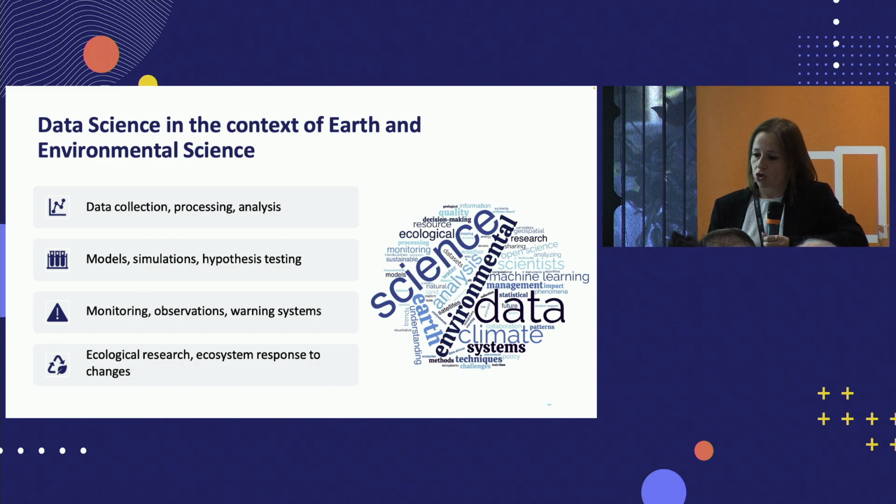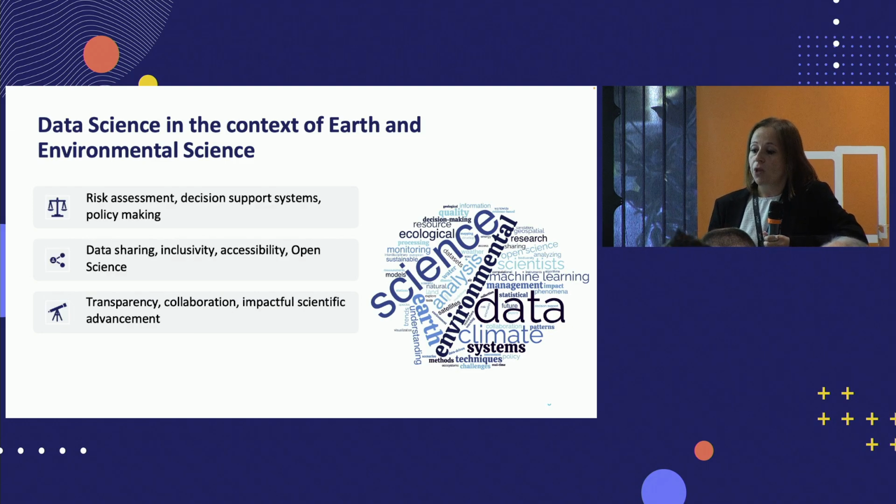We have data collection, data analysis, modeling, hypothesis testing, the development of warning systems, advancements in ecological research, policy making based on risk assessments, open science practices, transparency, and collaboration. All of those activities stand at the core of environmental data science.